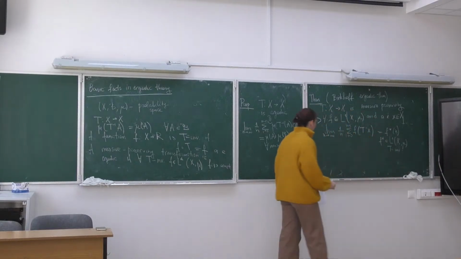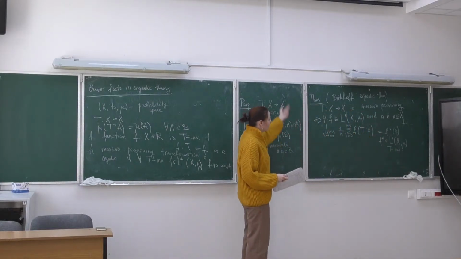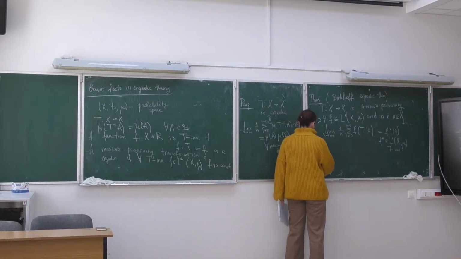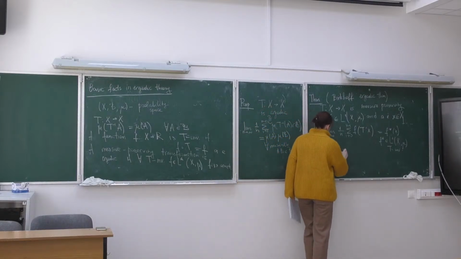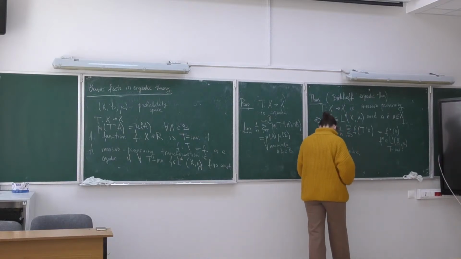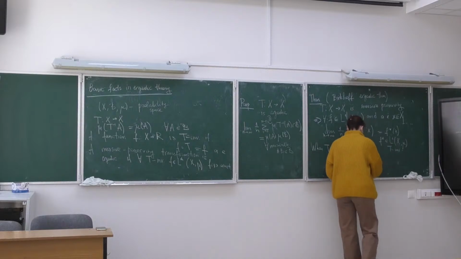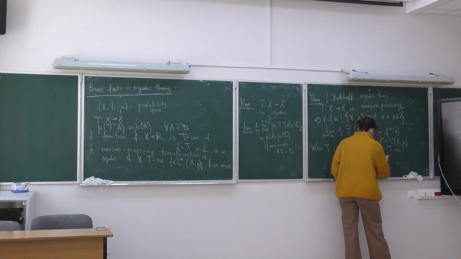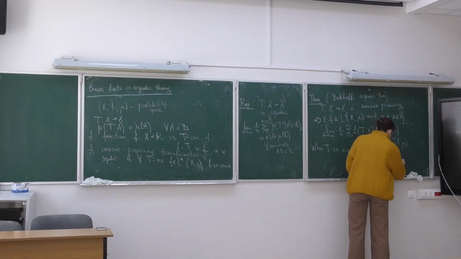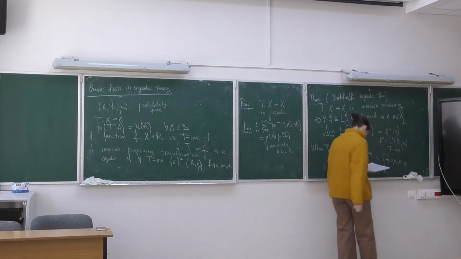And why do we call it the Birkhoff ergodic theorem? Because it has a second part. When T is ergodic, f star in reality is the result of the integration of f d mu over X, almost everywhere.